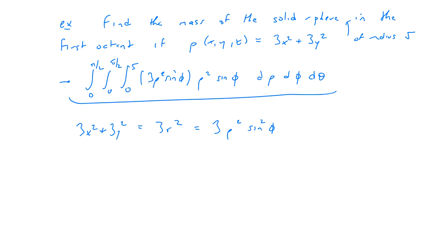As a quick add-on question, here I'm looking at just the first octant. What if I wanted to look at the top of the sphere? So obviously that wouldn't change the function. So for the top half, right, this wouldn't change, this wouldn't change, but this would become 0 to 2 pi.